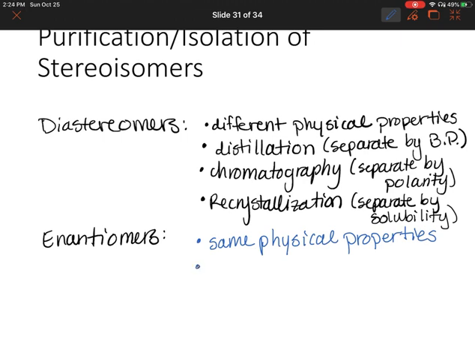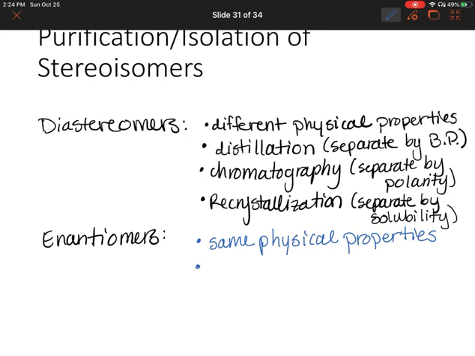Now, because enantiomers have the same physical properties, there's not a lot of options here for separating them. However, remember that enantiomers are mirror images of each other that are non-superimposable. So you could assign R to one enantiomer and S to another enantiomer, for example. So that is one difference that they have.